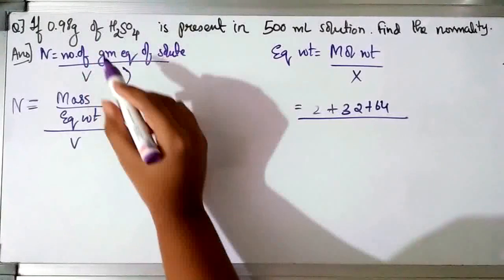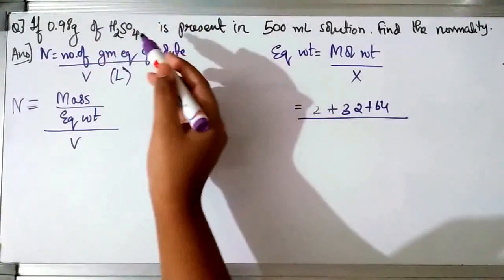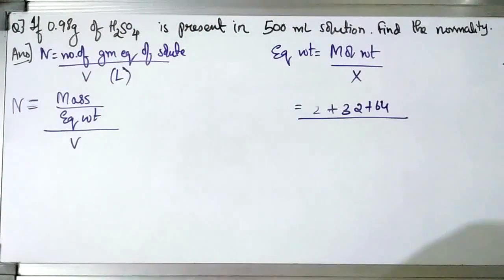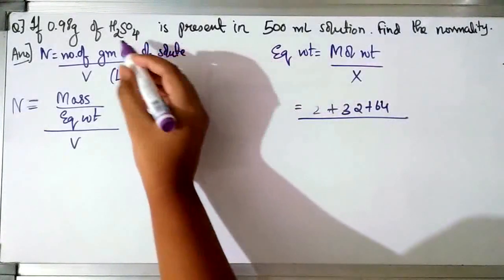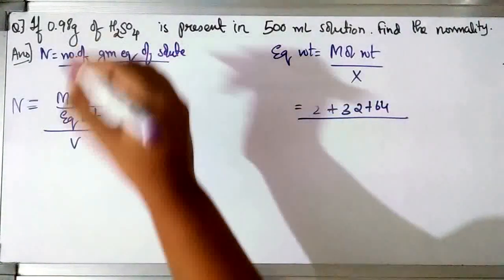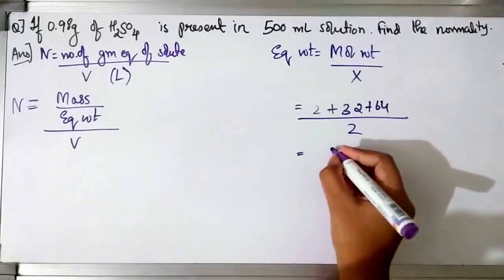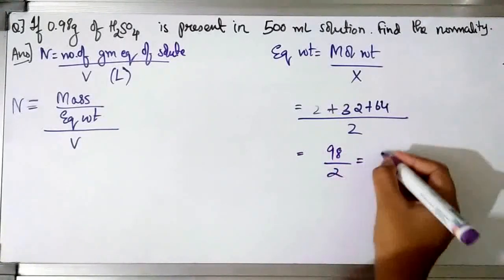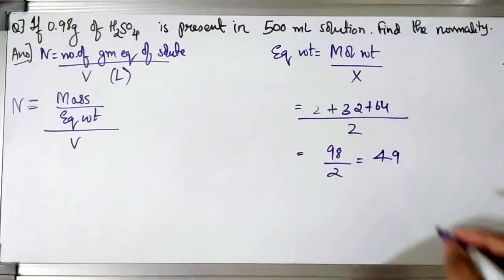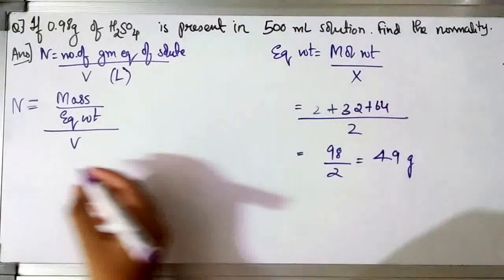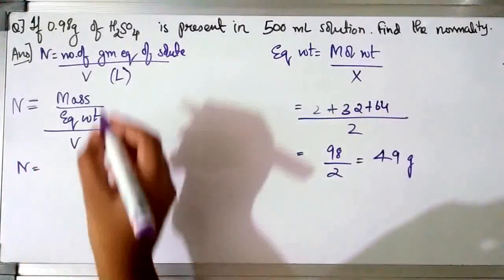Now H2SO4 is an acid, and the number of H plus ions which one molecule of H2SO4 will produce is 2 ions. So X over here will be 2, and the final answer will be 98 upon 2, which is equal to 49. So 49 grams is your equivalent weight.